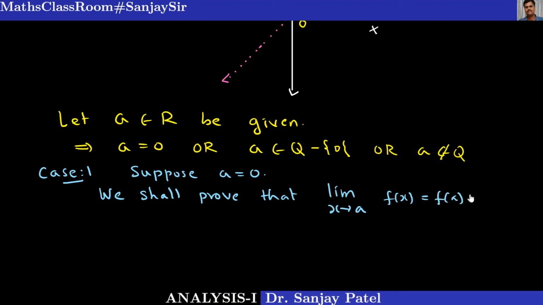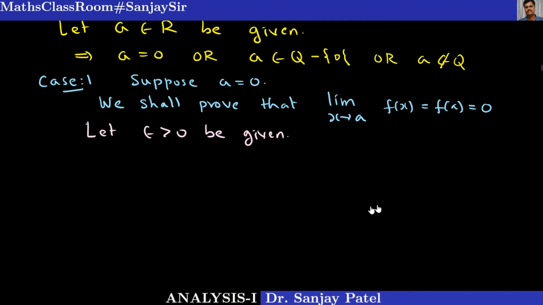But what is f(a)? f(a) is 0, because for a equal to 0, and 0 is a rational number, f(x) is equal to x, so the value of the function is 0. Now let epsilon greater than 0 be given. I want to find some delta so that whenever mod of x minus a is less than delta, mod of f(x) minus f(a) is less than epsilon. Let me write directly, because it is very simple.